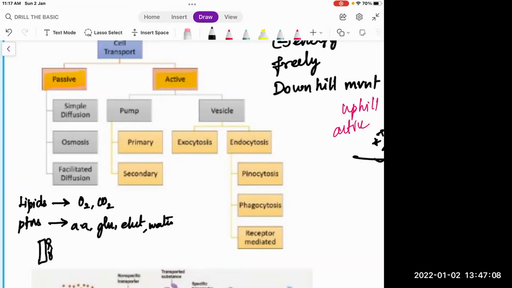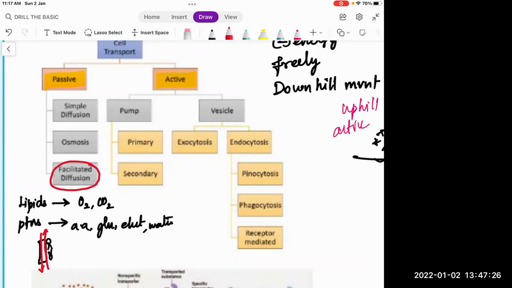These integral proteins also act as channels, and allow the movement of molecules from one side of the cell membrane to the other side. And another important thing is facilitated diffusion.